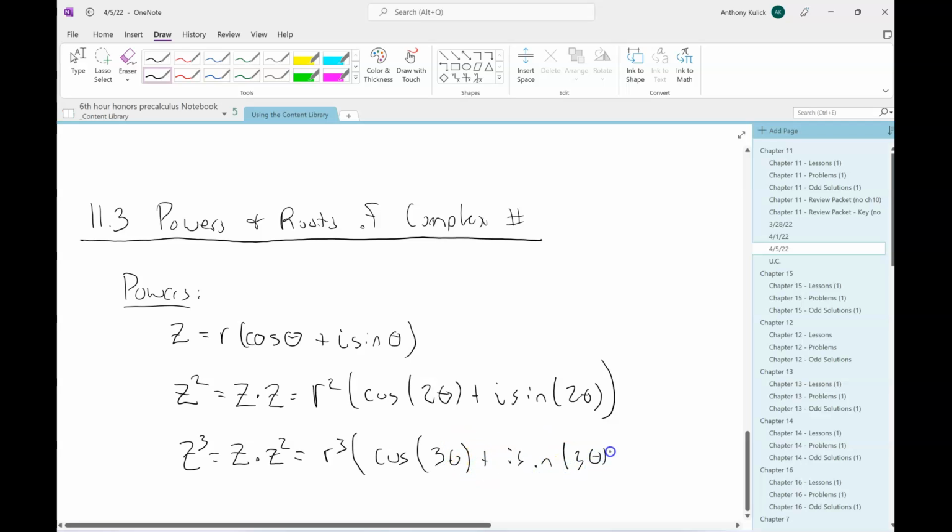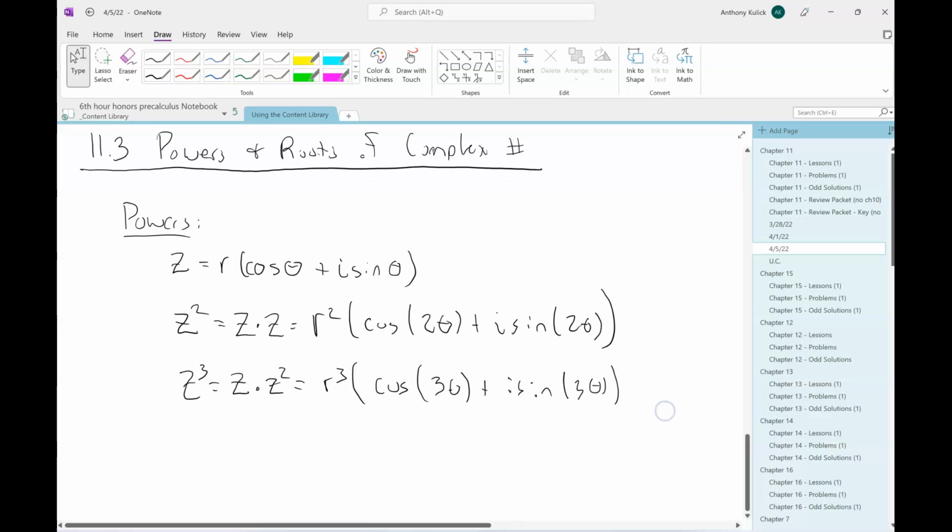And at this point, hopefully, a pattern is beginning to emerge for you. So if I have z to the n, what's that going to equal? r to the n times cosine n theta plus i sine n theta.